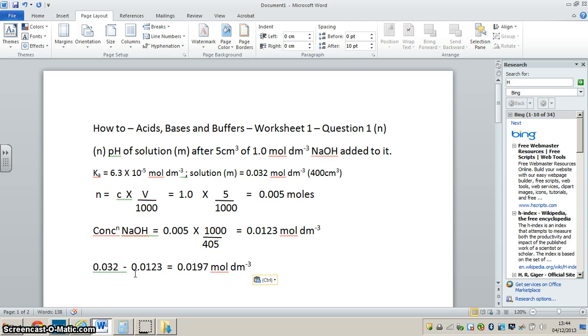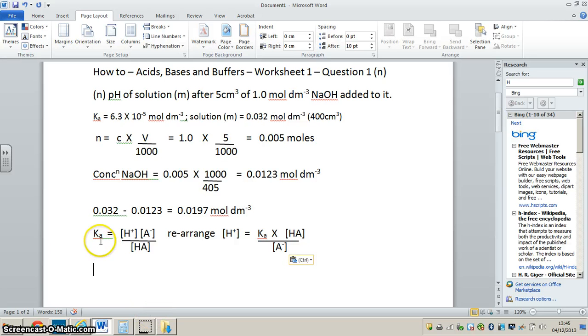The next stage is to work out how that has had an effect on the hydrogen ion concentration. To do that, we use our acid dissociation equation. So here's the equation, and what I've done here is rearrange it to make hydrogen ion concentration the subject of the expression. Now all we have to do is put in the values that we know. We know Ka, that's given to us. We know [HA] now, which we've just determined.